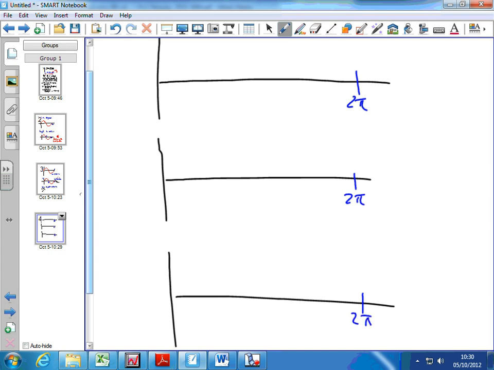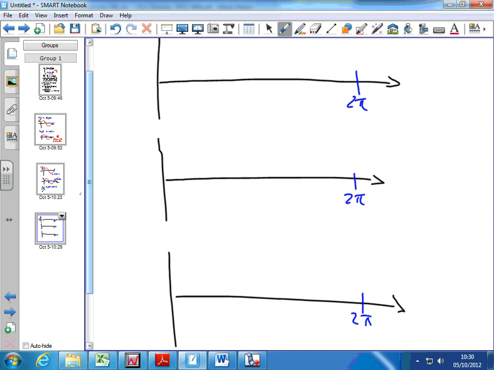So measuring in radians, this value, 2 pi, if I'm plotting time along here, that's actually a period of time. So what is 2 times pi? Pi is roughly 3.14, so 2 lots of that's about 6.28, 6.3 seconds. So in other words, this is roughly 6.3 seconds has gone by.